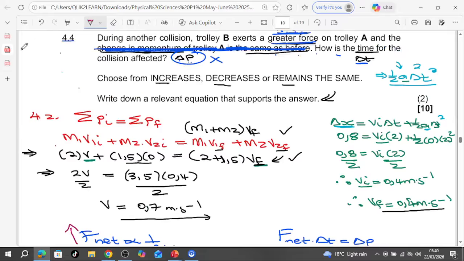So the correct answer there is decrease. Then when they say write down the relevant equation that supports your answer, we can give them that 1 mark. You can say F net is proportional to 1 over delta T. Please use the proportional sign. And that's it for this question.